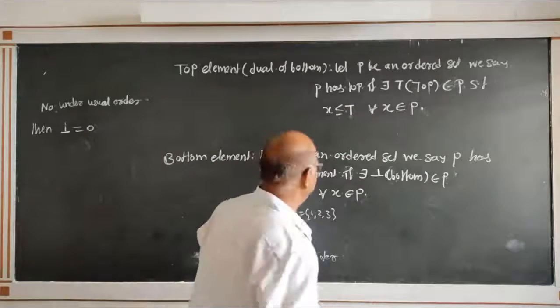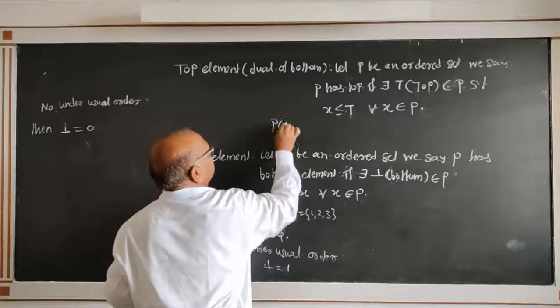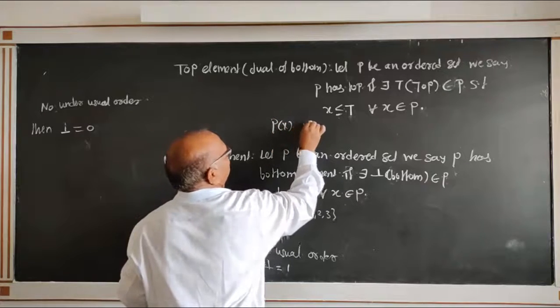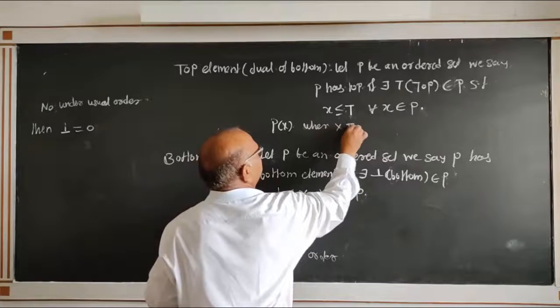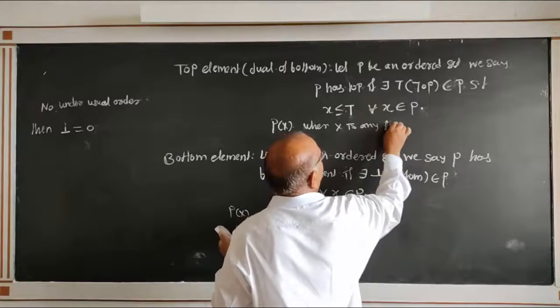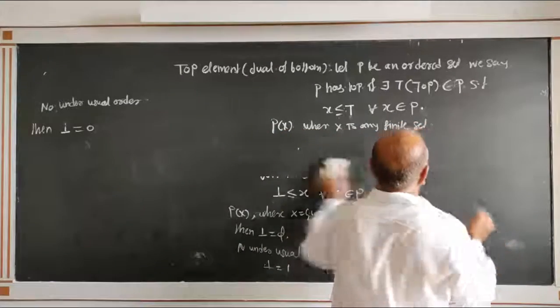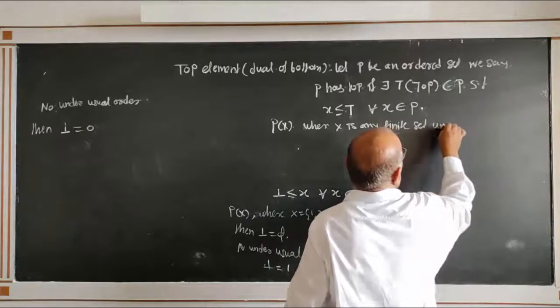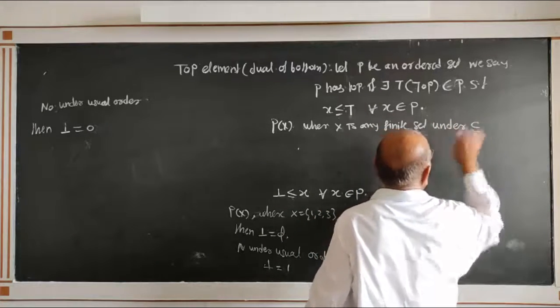T is called top. Here, take P of X, where X is any finite set under the subset relation.